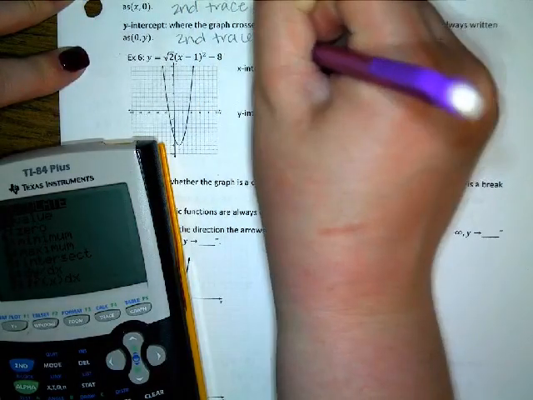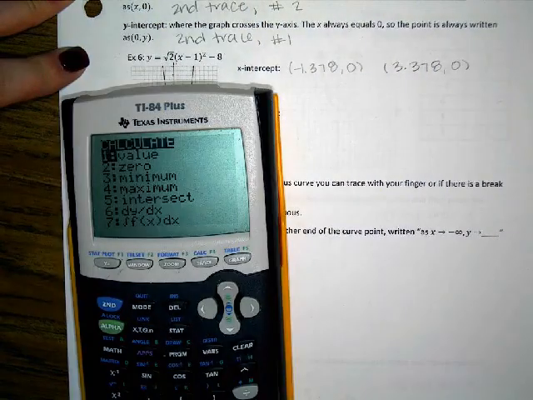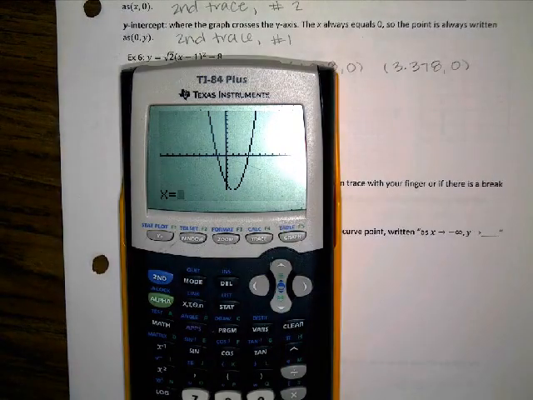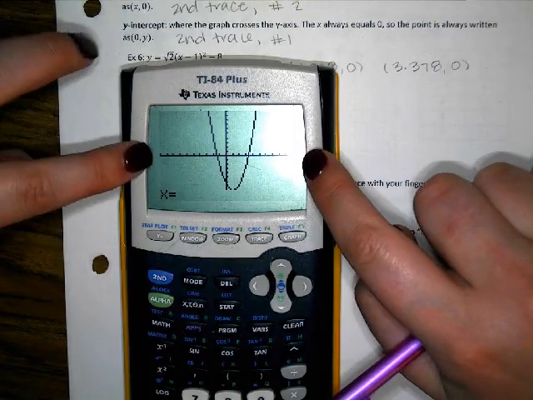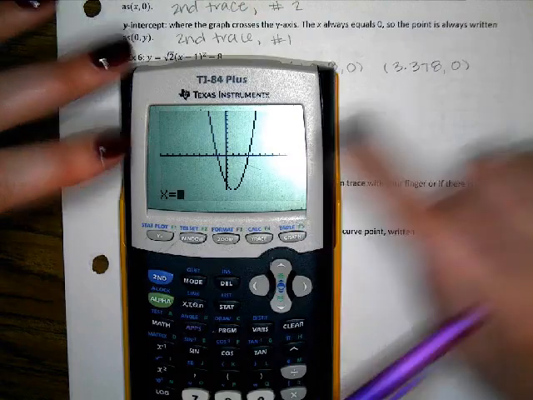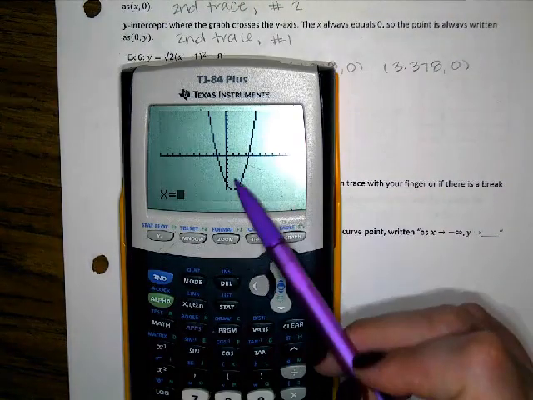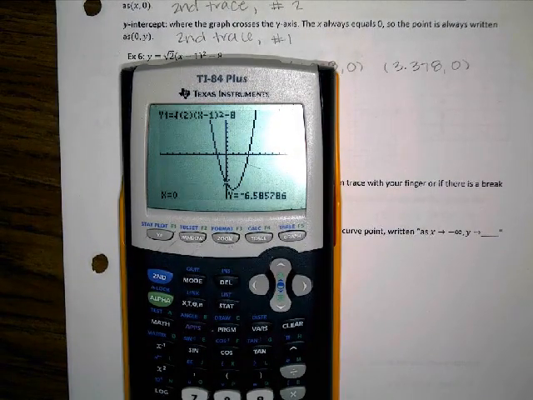It just has to be within the window that you're looking at. The default window on the calculators is from -10 to 10, so you can plug in any of those values. To find the y-intercept, we always just want to plug in 0. So second trace number 1, and then plug in 0. So 0, negative 6.586.